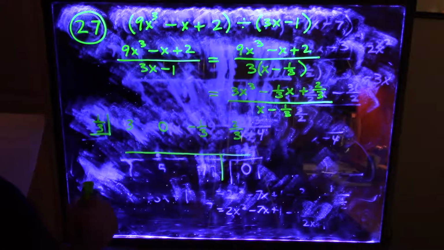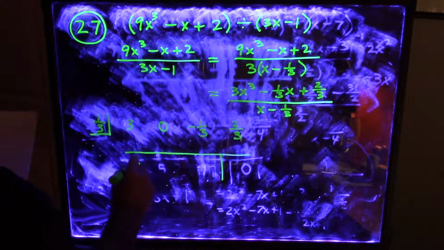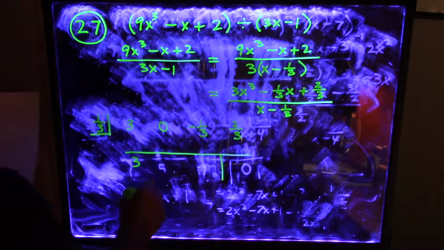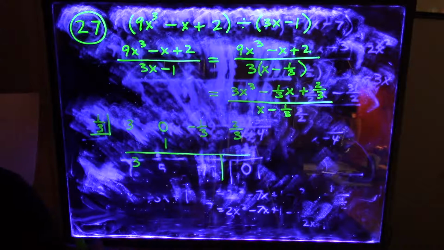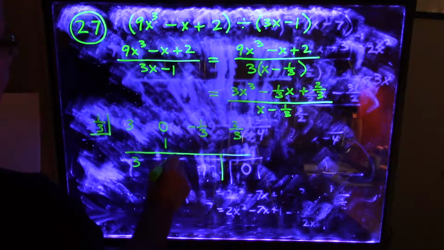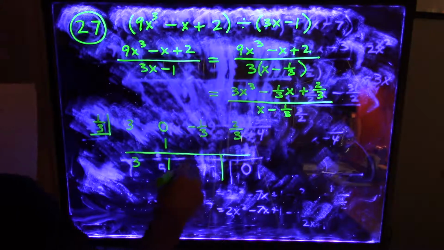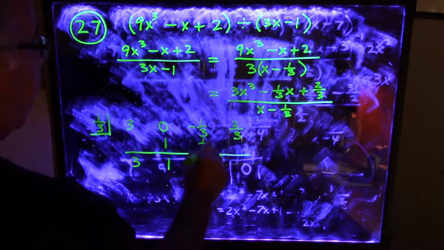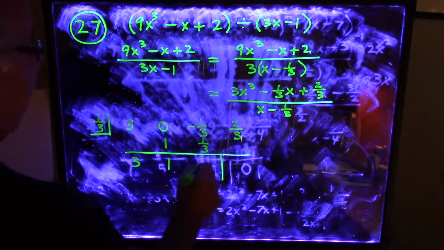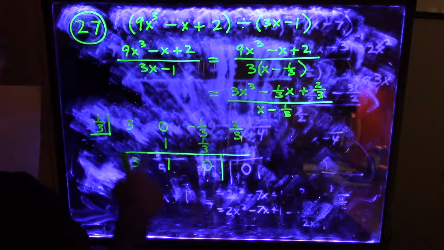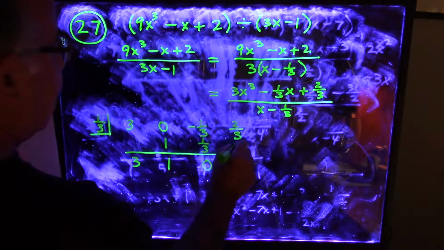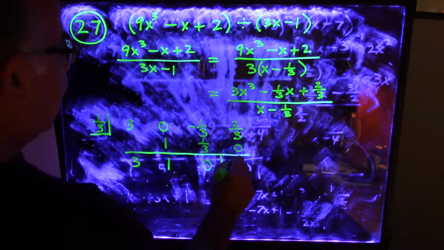Alright, bring down the 3. 1/3 times 3 is 1. 0 plus 1 is 1. And then 1/3 times 1 is 1/3. Negative 1/3 plus 1/3 is 0. 1/3 times 0 is 0. 2/3 plus 0 is 2/3.